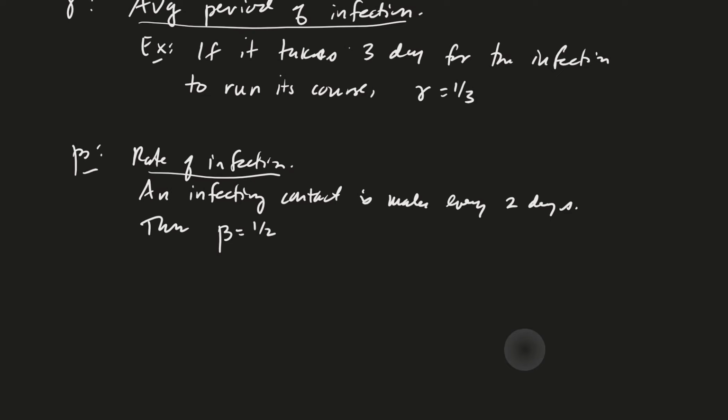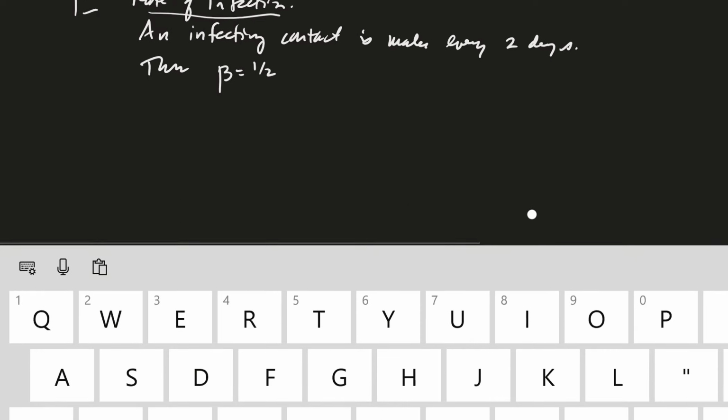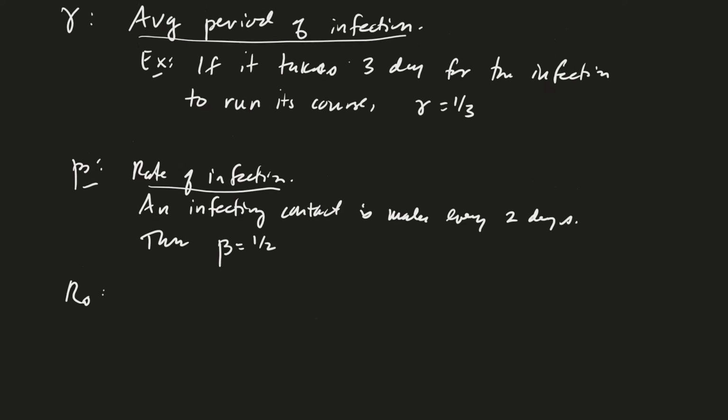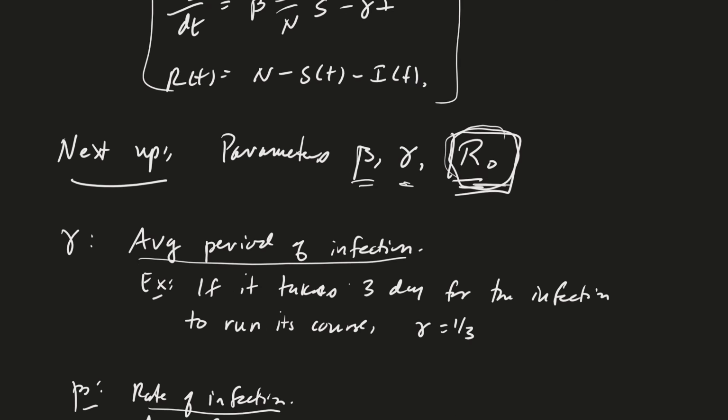Alright, so the last one we wanted to talk about was the R0. And I guess before I do that, let's think about what happens at the beginning of an infection or beginning of a pandemic.